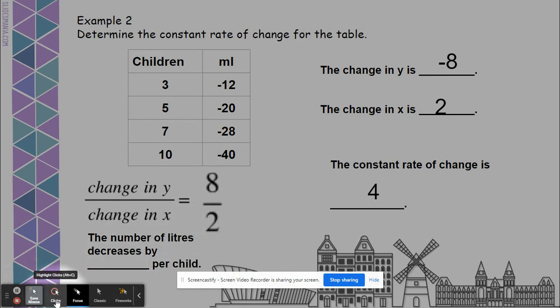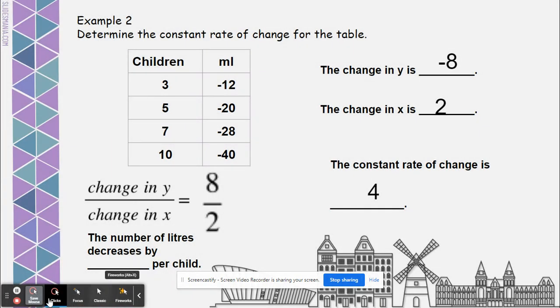I think I have an issue here. Let's see. Can I fix that? Not real sure. So this should be negative 8, and the constant rate of change should be negative 4. So make that change if you are taking notes.